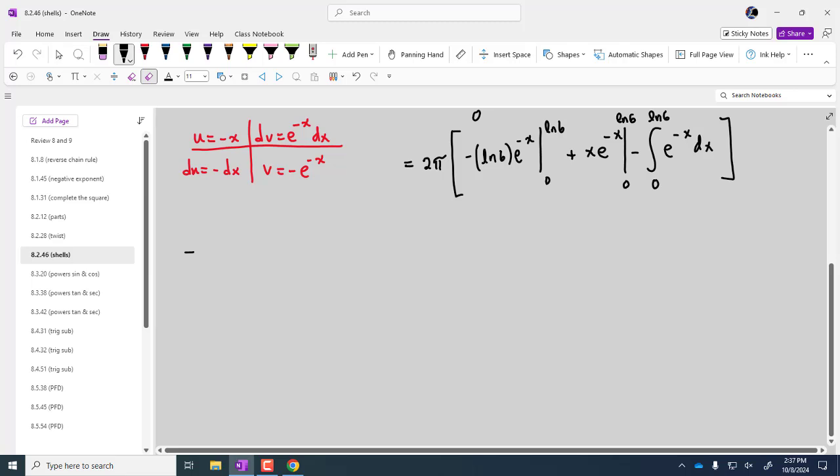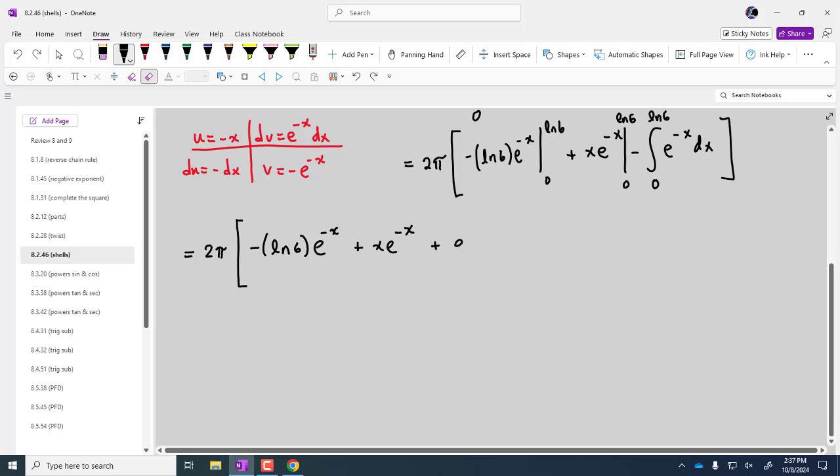So we now have 2 pi, bracket or parenthesis. And here we'll have minus natural log of 6, e to the minus x, plus x e to the minus x, minus, well, that's going to change to plus.